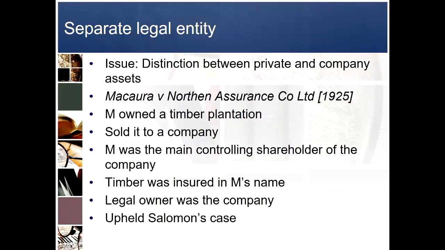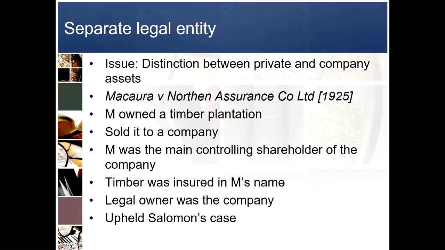So what happened is that 16 days later, and you can read into that what you will, but a very short space of time, 16 days after the insurance policy was taken out, a fire destroyed the forest, the timber estate, destroyed the asset. Mr. Macora goes to make a claim against the insurance company.